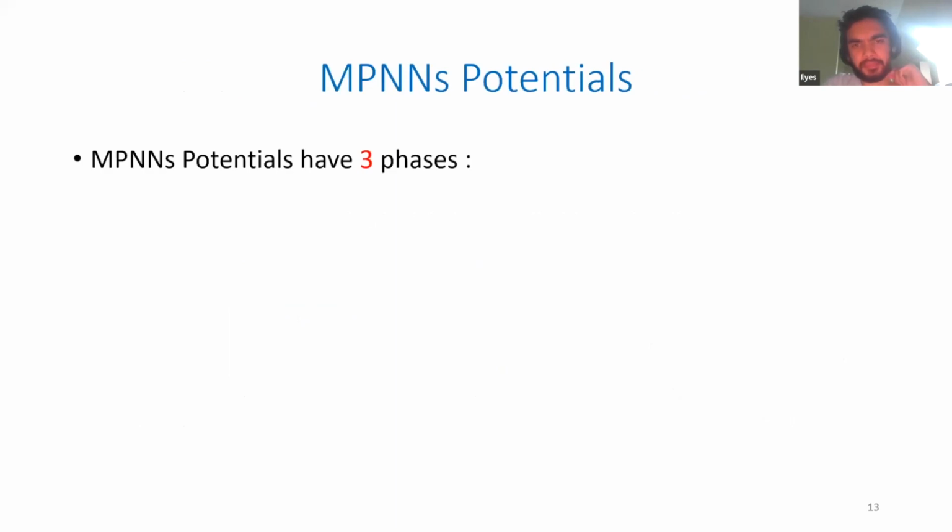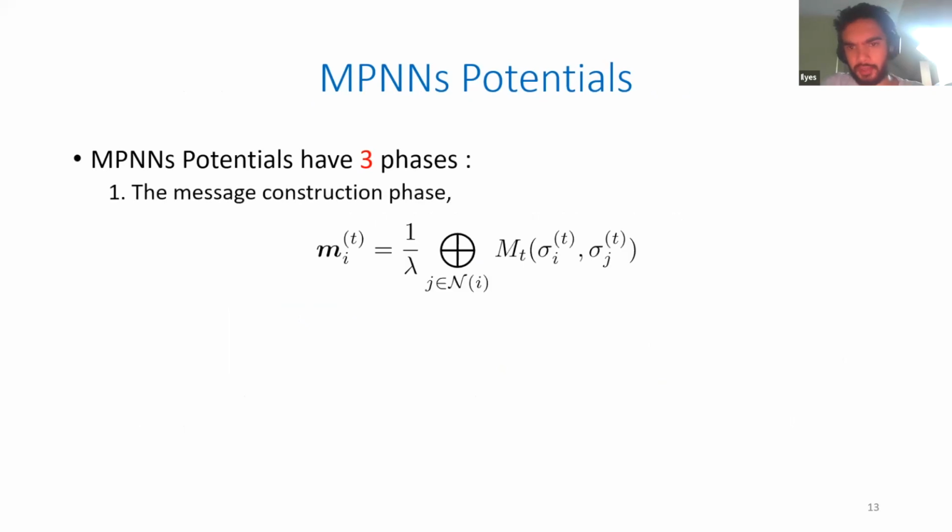And MPNN potentials have really 3 phases. The first one is the message construction. The way you do that is that you embed the states of 2 neighboring atoms that are connected by an edge, sigma_i and sigma_j, with a function M_t, and then you gather all these embeddings around the whole neighborhood of i.